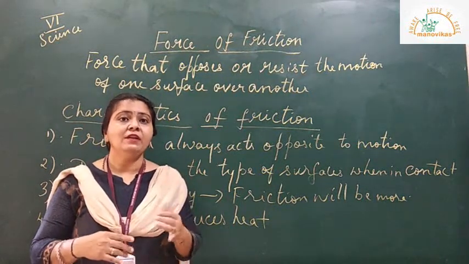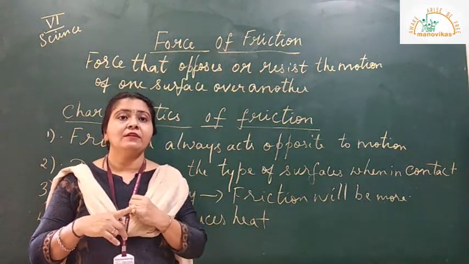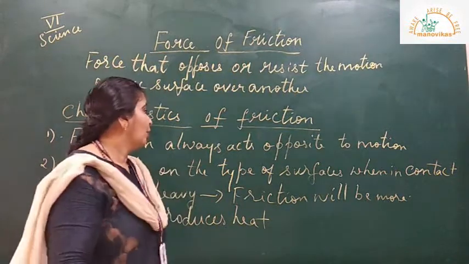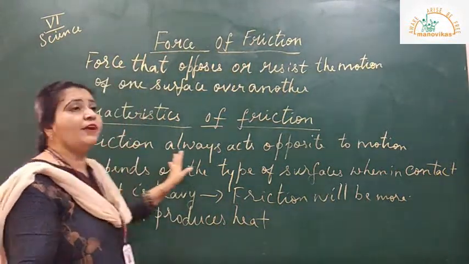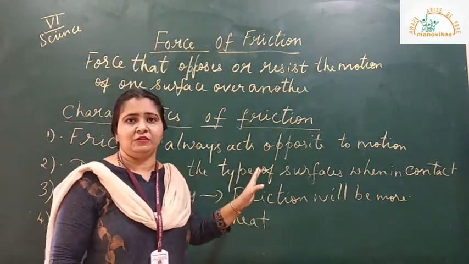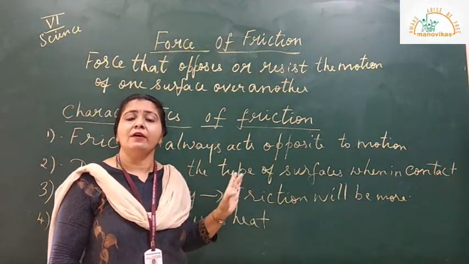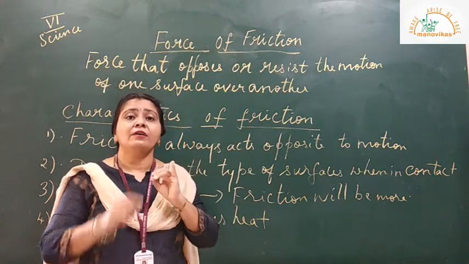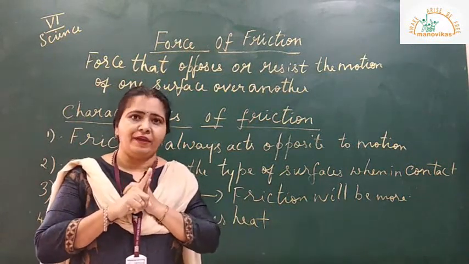We have already seen the first characteristic. What is the first characteristic? Friction always acts in the opposite direction of the motion. The second characteristic is that it depends on the type of surfaces in contact.